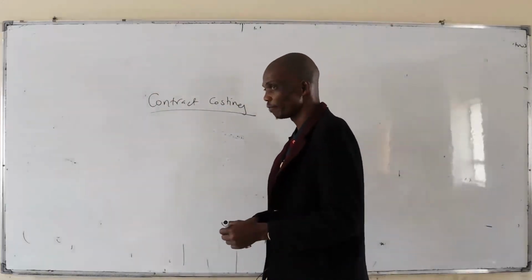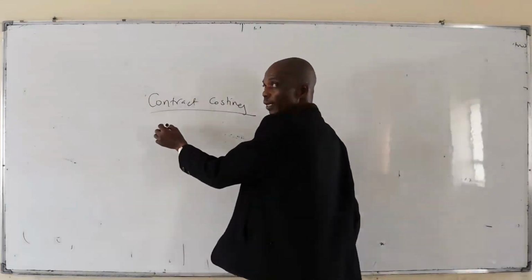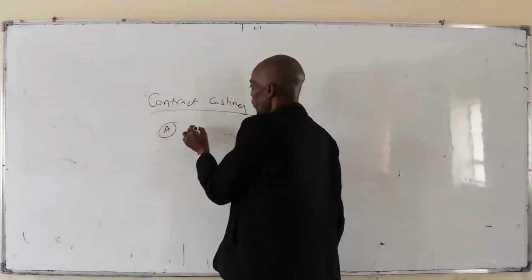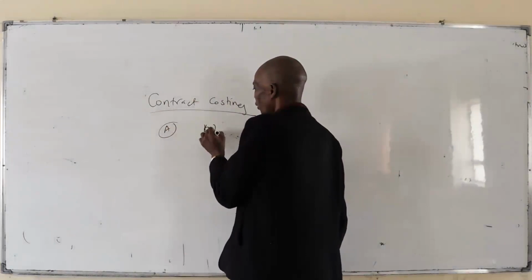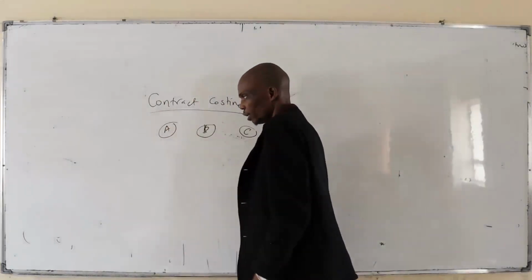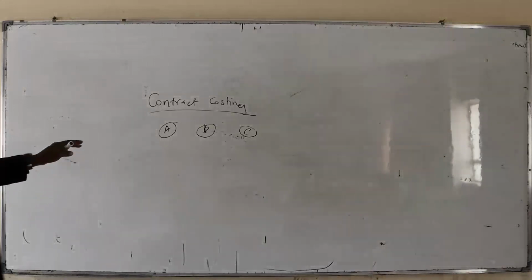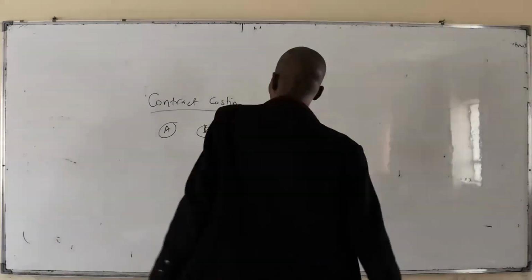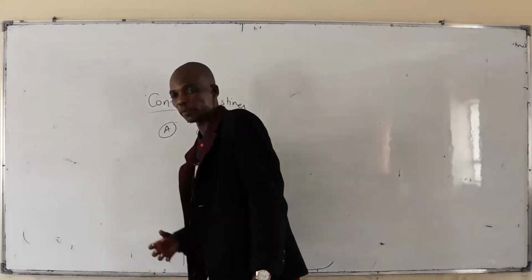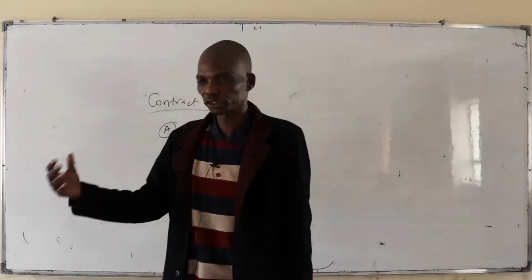We may be having client A, client B, and client C. They may have received a request from them for the undertaking of the construction.